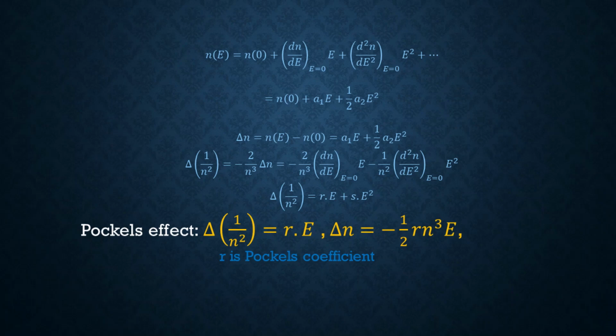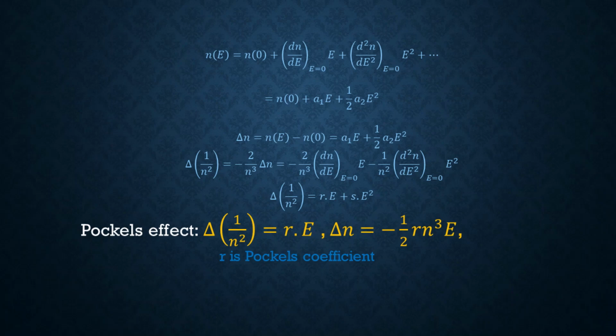Ignoring the higher terms, we can say it is n0 plus a1 E plus half a2 E square, where a1 is dn/dE at E equal to 0 and a2 is the double derivative with respect to E at E equal to 0. So now n(E) becomes n0 plus a1 E plus half a2 E square, and we have ignored the further higher terms.